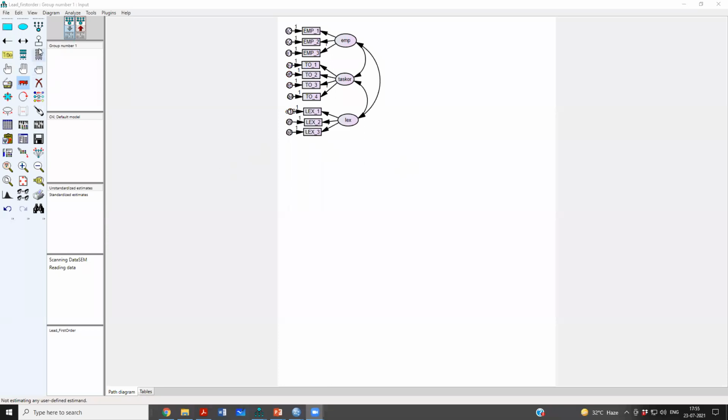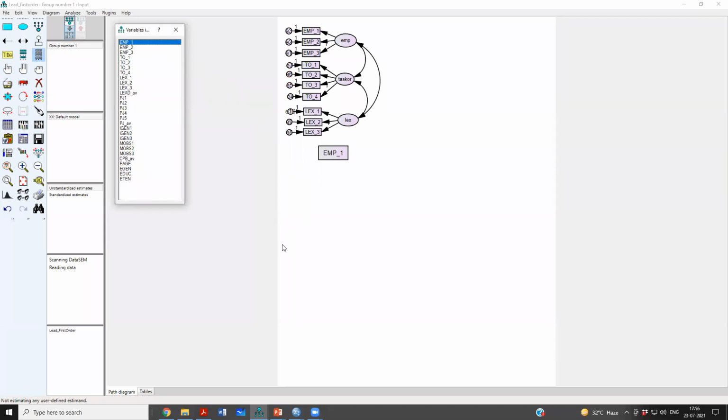Okay. So maybe what could be happening is, Swati, when you drag, you have dragged it and put it here, but you have not dragged and put it in the rectangle. When you bring the cursor over the rectangle, it should be highlighted in red.